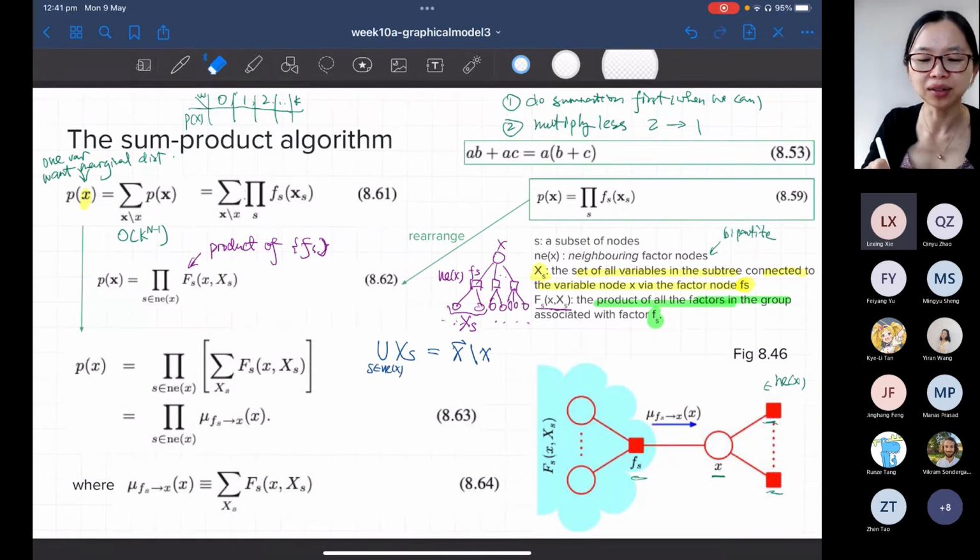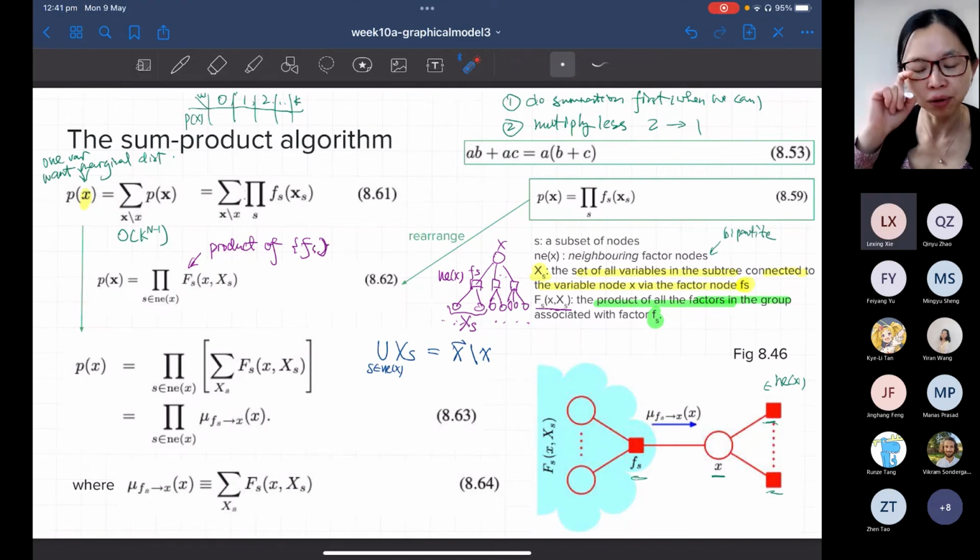So that means the marginal distribution is equal to essentially, right, because the joint distribution is a product of these big F's. The marginal distribution is therefore the product of these big F's summed over all the other variables.